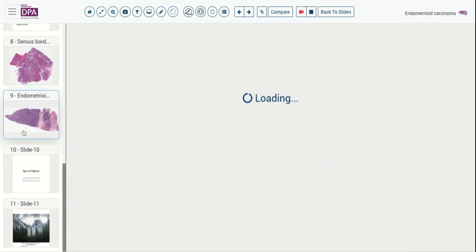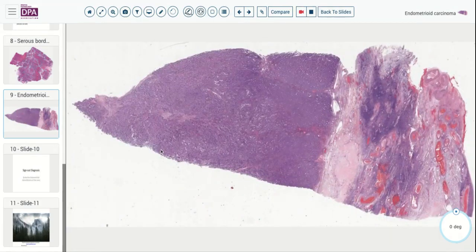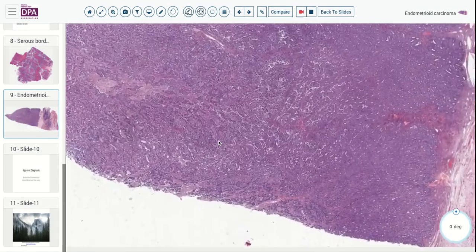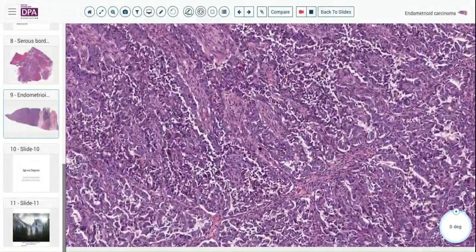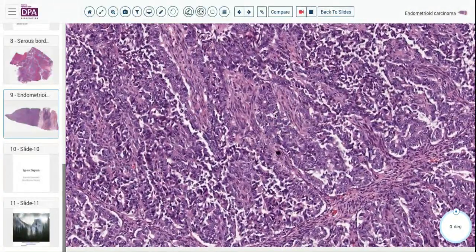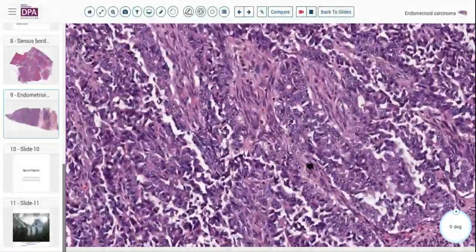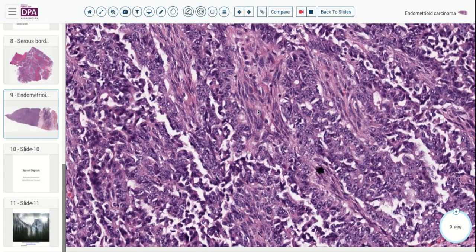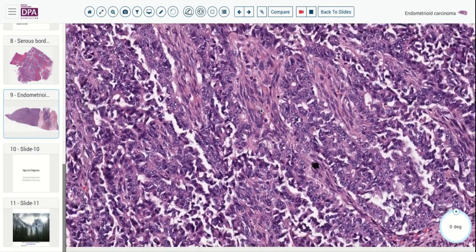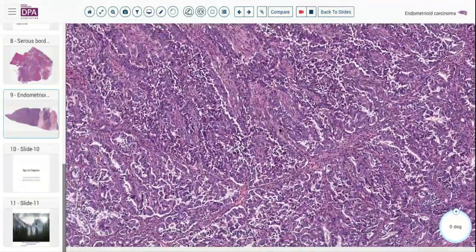And going the other direction in terms of developing full-blown carcinoma, endometrioid carcinomas will have frankly malignant epithelium with gland formation and more high-grade nuclei, mitotic figures, and so forth, as we don't see in this case.